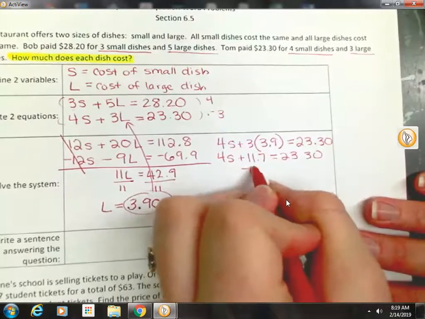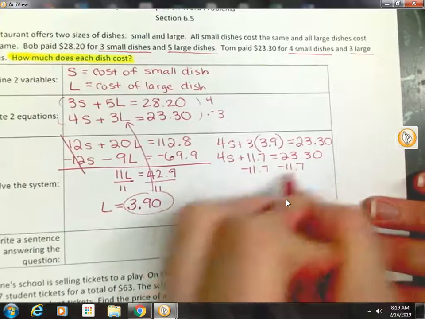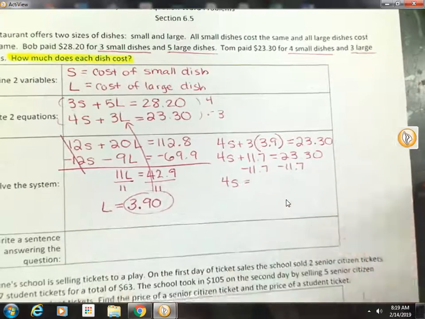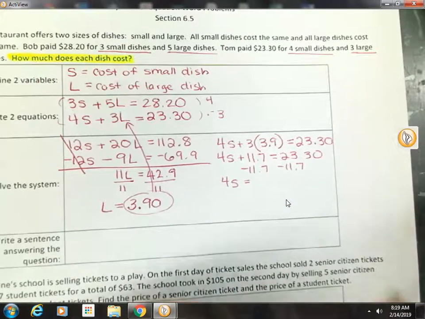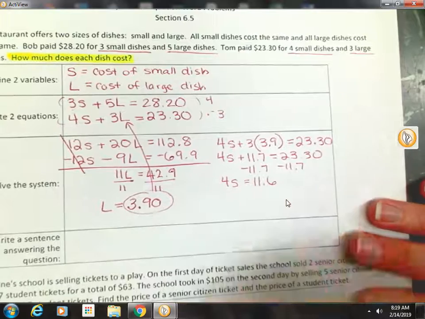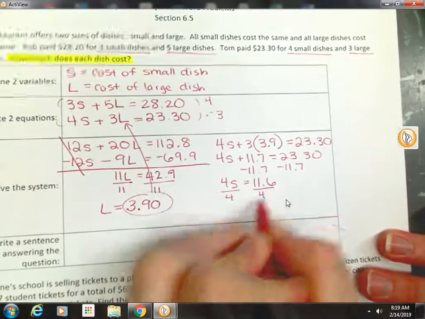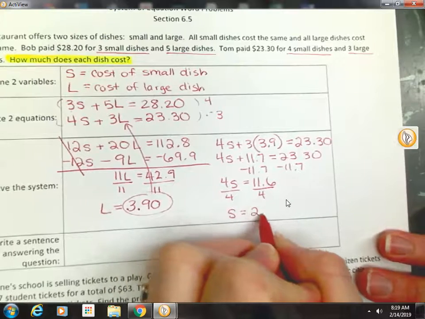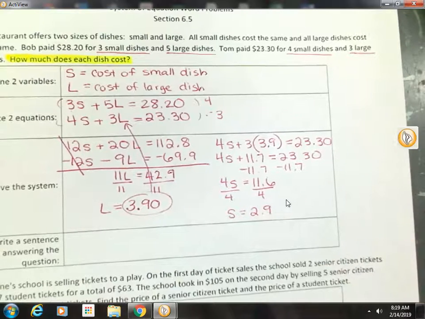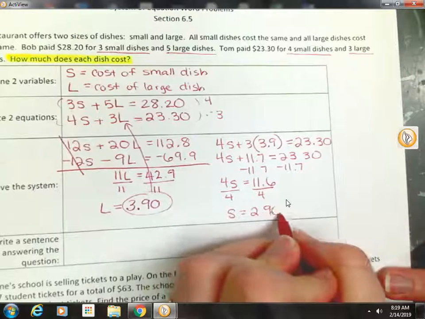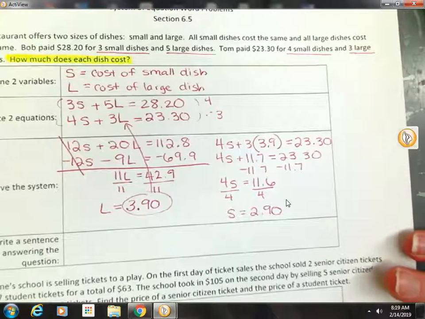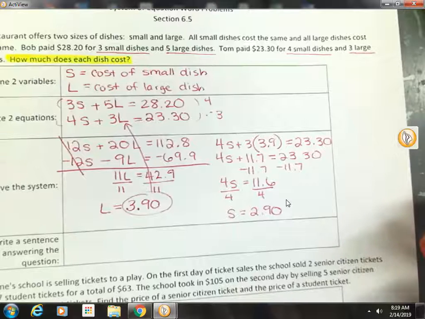Let's subtract that 11.7. I got 11.6. If I divide that by 4, I got 2.9. And again, that's okay, isn't it? Because again, we're talking about the cost of something, so that's like $2.90, which I think is reasonable. Again, if it was a repeating decimal, I don't think that would work out, but up to 2 decimal places would be just fine here.